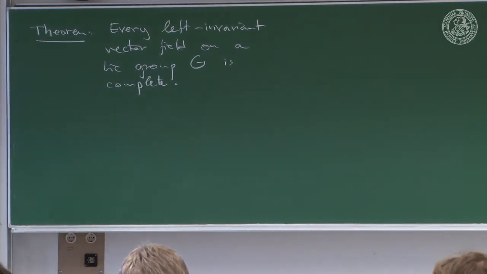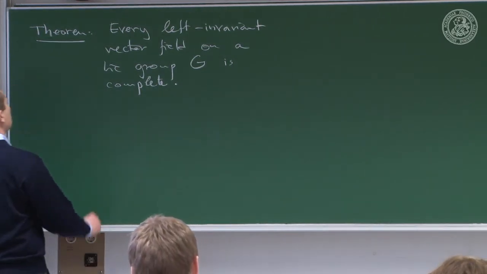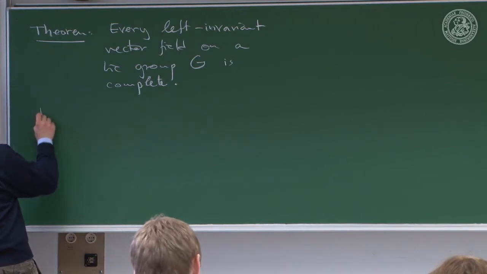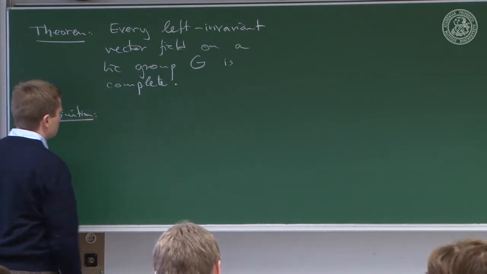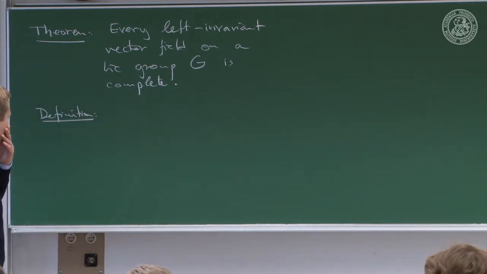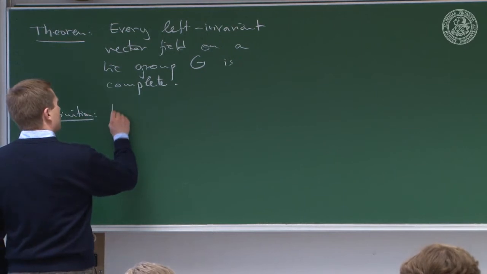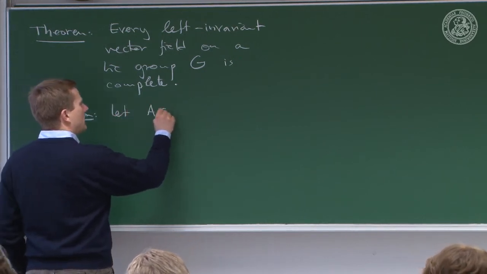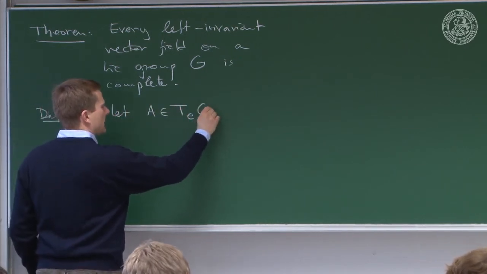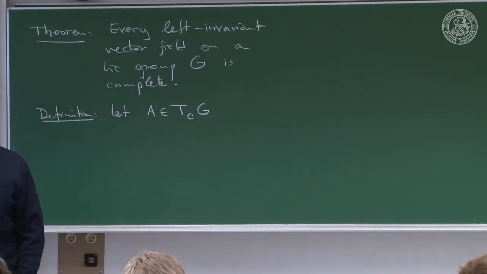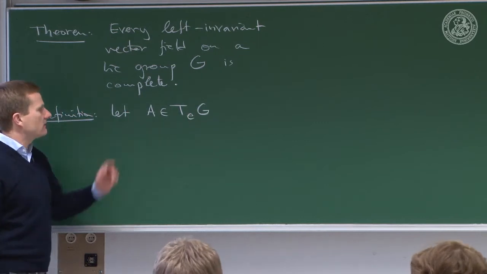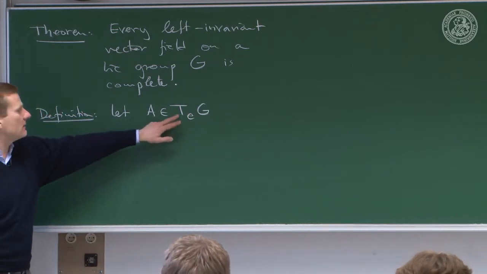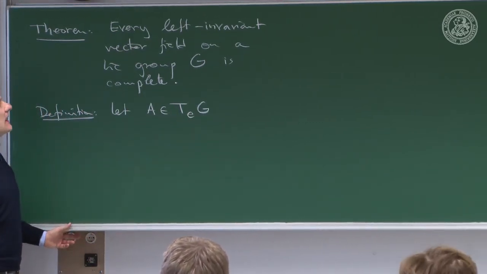And the reason why it's so important is the following construction. Definition. Let's say we take an element A from the tangent space at the identity. So what we decided would be the convenient space in which we think the elements of the Lie algebra lie.